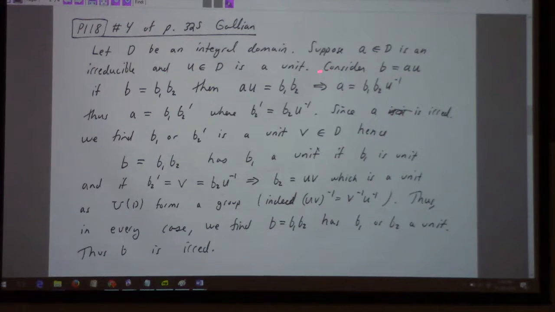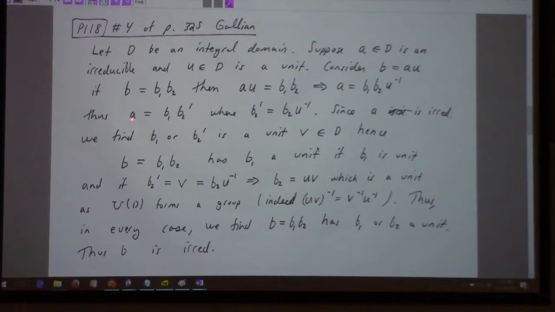Let D be an integral domain. Suppose a is irreducible and u is a unit. Suppose that b is equal to au. We're trying to show that b is also irreducible. If b is equal to b1 b2, then au is equal to b1 b2, which means that a is equal to b1 b2 u inverse.